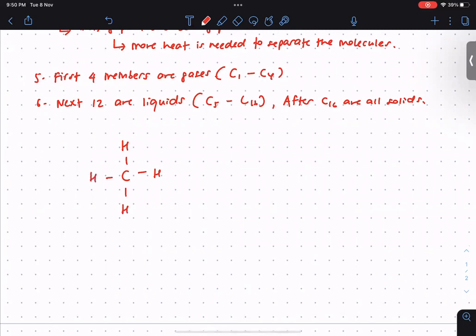When methane comes close to another methane molecule, this part here will be your van der Waals.